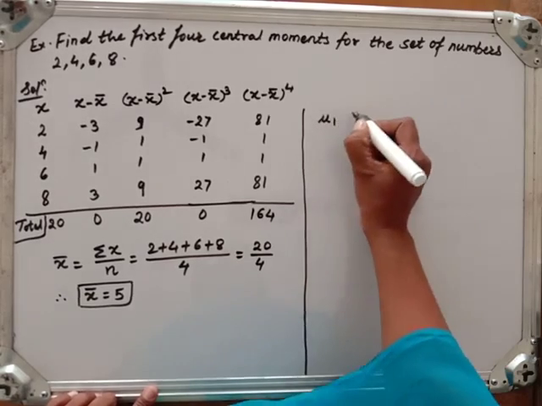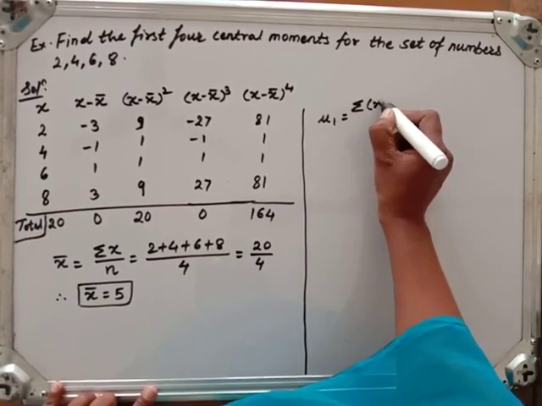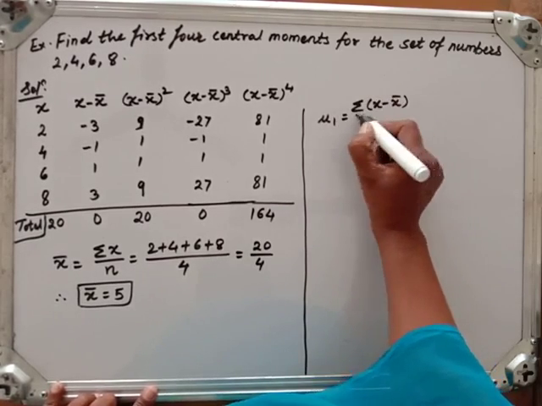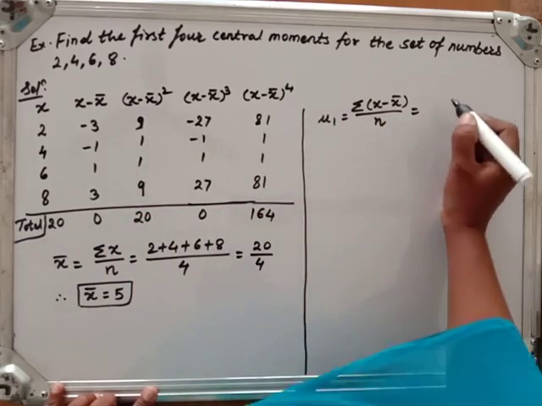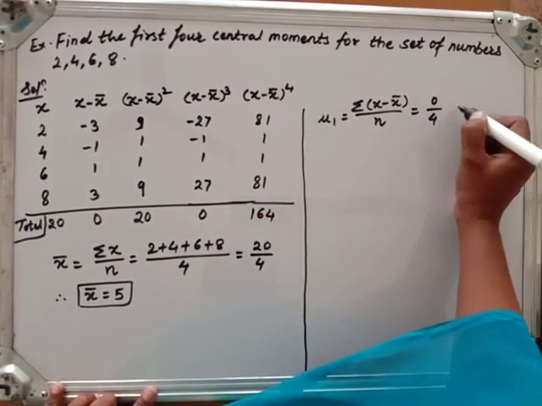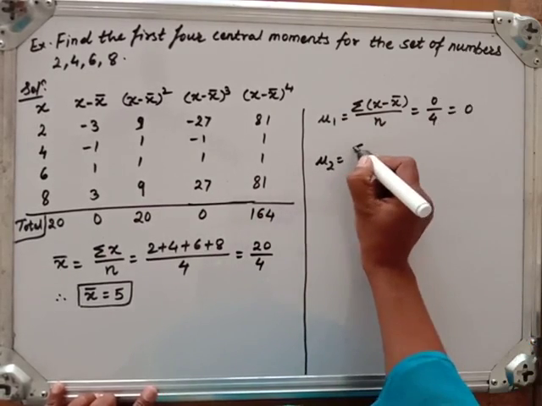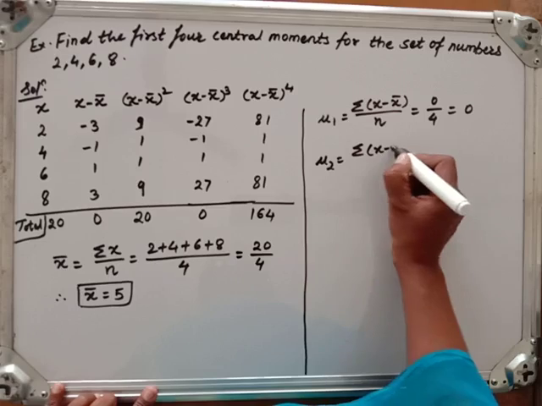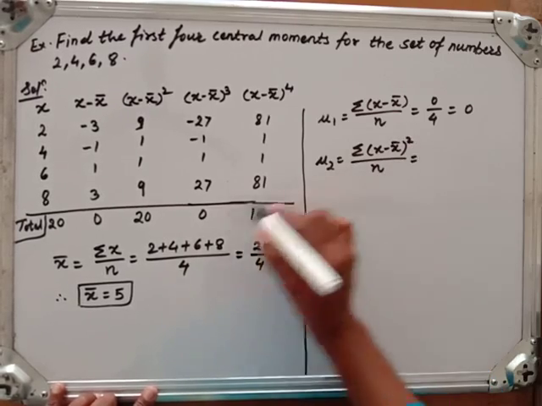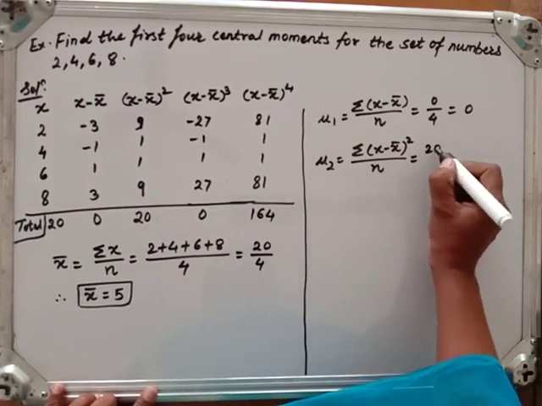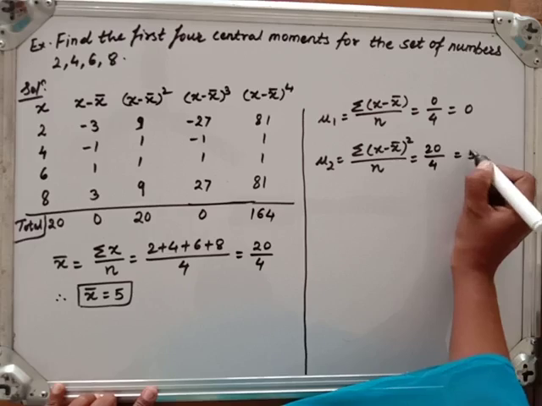What is mu 1, the first central moment? Summation x minus x bar upon n. Summation x minus x bar is 0, so it will be 0 by 4, which is 0. Then mu 2 is summation (x minus x bar) square upon n, so it is 20 upon 4, which is 5.